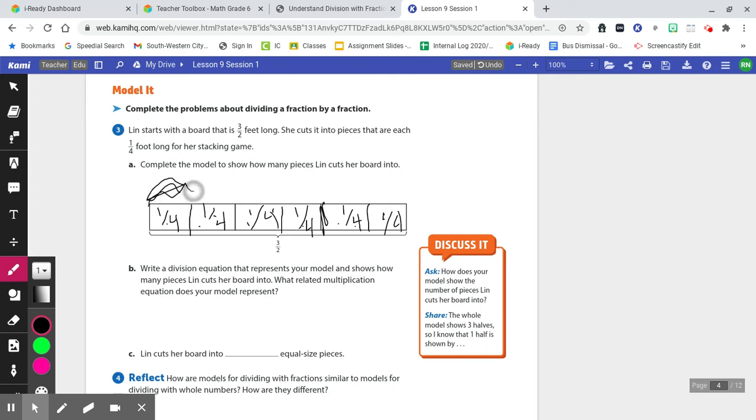I don't know if that makes it easier. That's a half. So write a division equation that represents your model and shows how many pieces Lynn cuts her board into. What related multiplication equation does your model represent? So I would have done 3/2 divided by 1/4 is equal to 6. Or I could say 6 times 1/4 is equal to 3/2. So Lynn cuts her board into 6 equal-sized pieces.